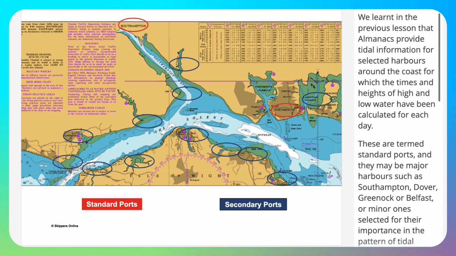Sometimes the tidal differences can be quite large, even over a small distance. In the Solent, for instance, the spring range at Portsmouth is 3.9 metres, and at the west end of the Solent only about 2 metres. So it's important to allow for the differences between ports. They may be larger than you expect.